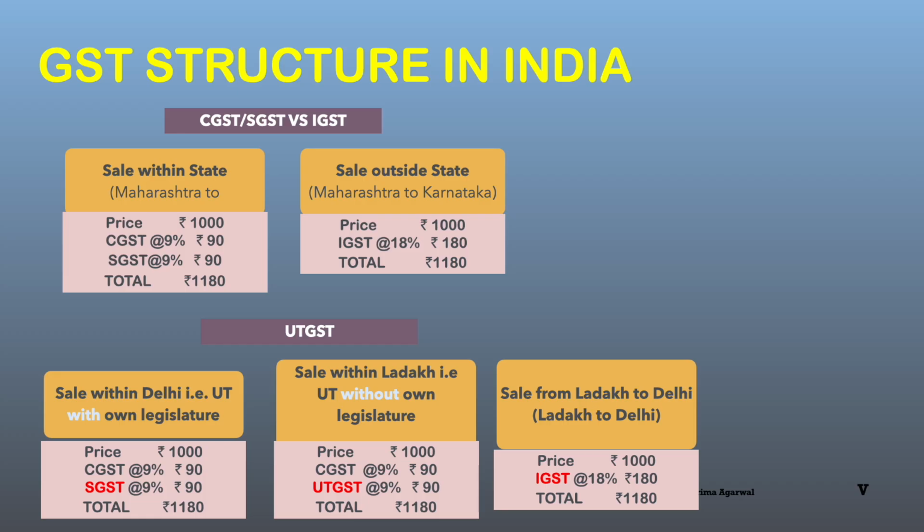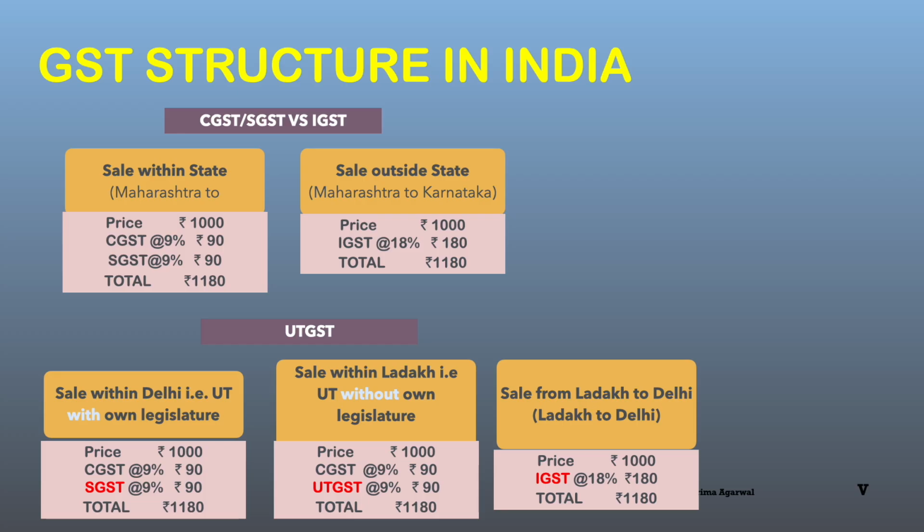Now where does UTGST apply? So let's suppose there is a sale within Delhi, which is a union territory, but it is a union territory with its own legislature. So here again, when the price is 1,000 rupees, then CGST will apply at 9%, that is 90 rupees. Let's suppose the GST rate of this good is 18%.